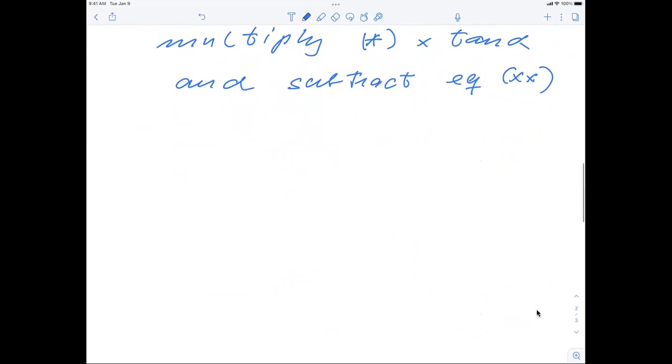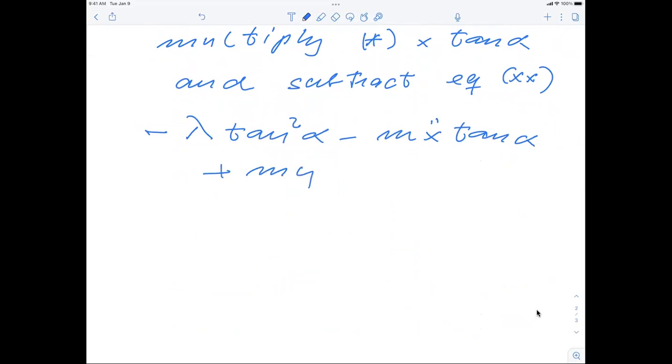I get minus lambda of tan squared minus m of tan alpha plus m times the second derivative of y plus mg minus lambda is equal to 0.